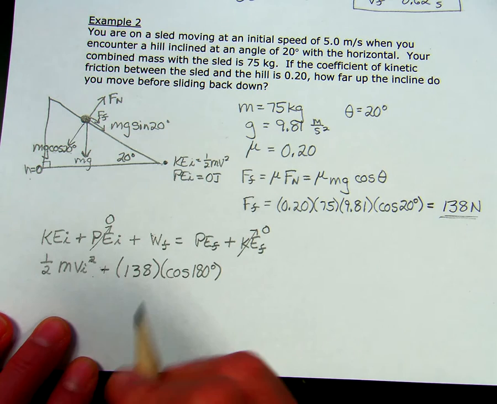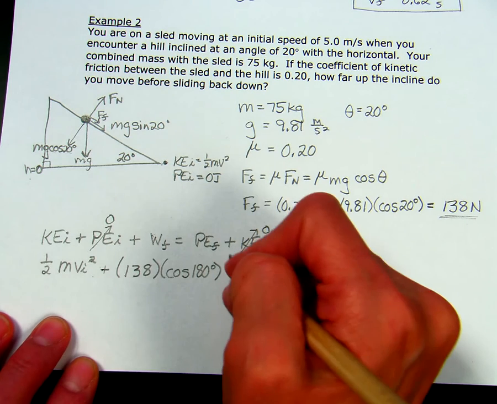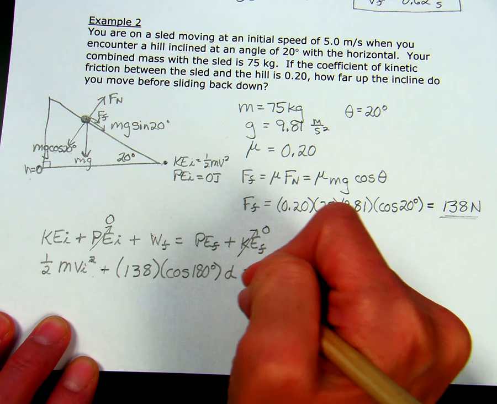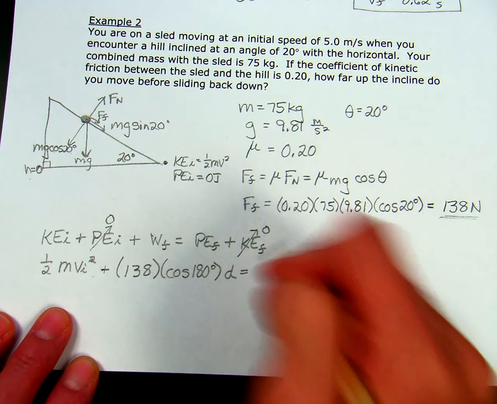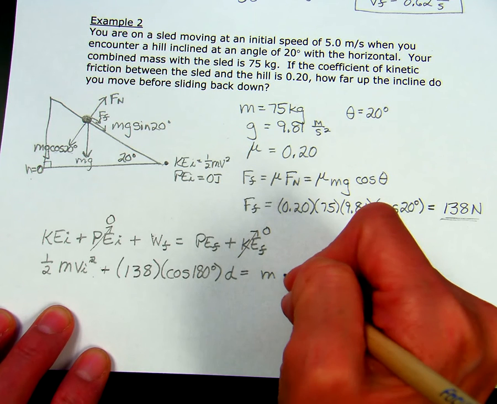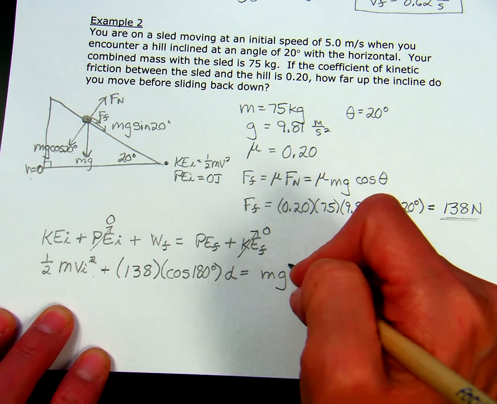And I don't know the distance, but I'm going to call it D. And that is going to equal M times G times H.